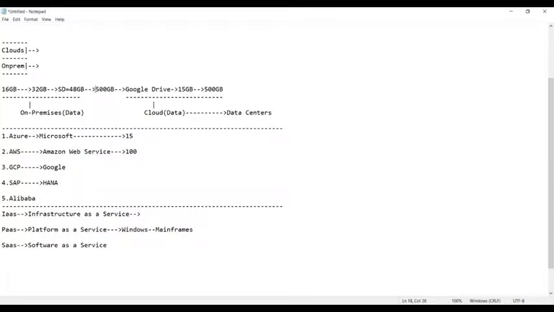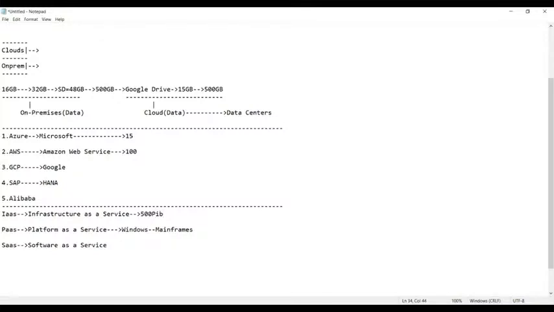Now the next one, suppose you require to store data. Same as I told you in the example, I have some 48 GB of data now, and I want to extend it to 500 TiB, that means terabyte, or PiB, that is petabyte. Okay, 500 petabyte of data I want to store.